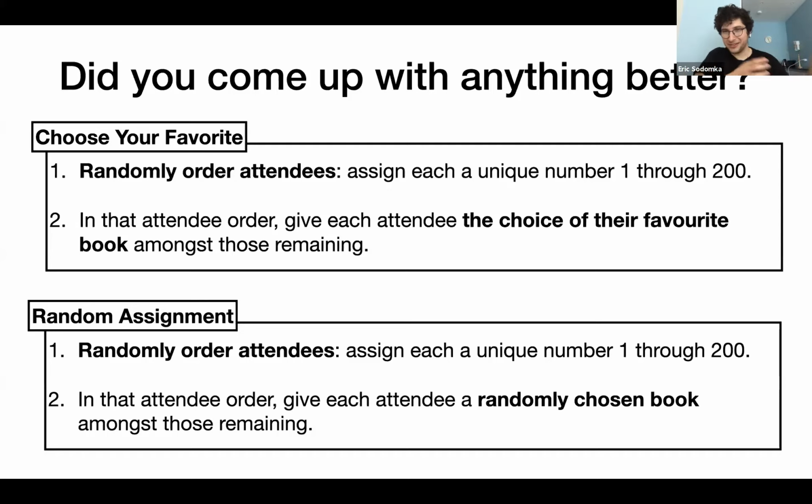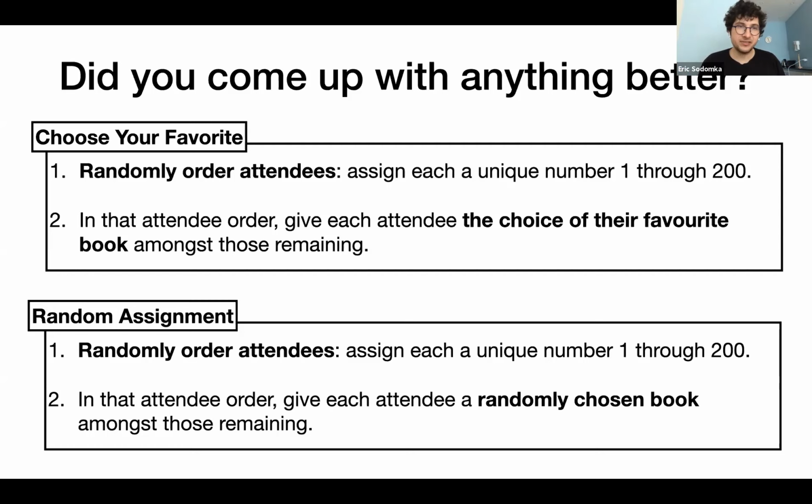I'll shuffle everybody around, so you might be the first person, you might be the last person. But wherever you fall in line, instead of reaching into my bag and giving you something, I'm going to lay all the books out on the table, and you get to pick whatever you want. So choose your favorite amongst all of those that are remaining. And that's the alternative mechanism.